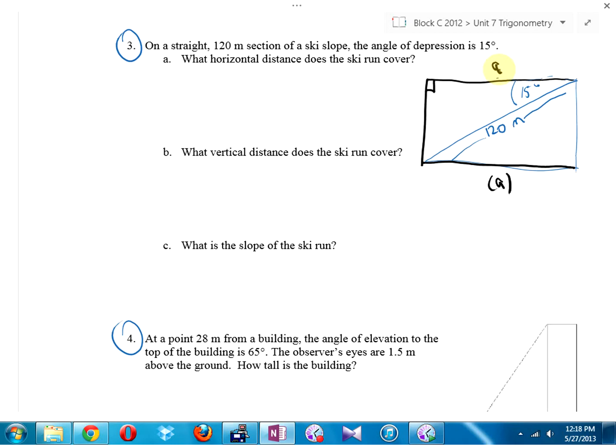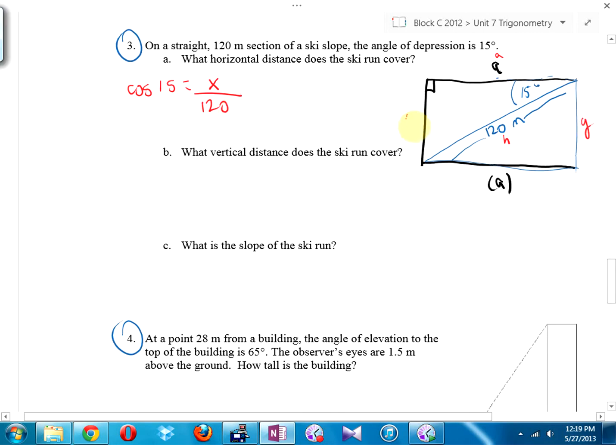Okay, so I'm going to end up using hypotenuse adjacent. Cosine of 15 is the horizontal distance. I'll call that x divided by 120. Is that okay? Mm-hmm. Vertical distance, I'm going to call that y.